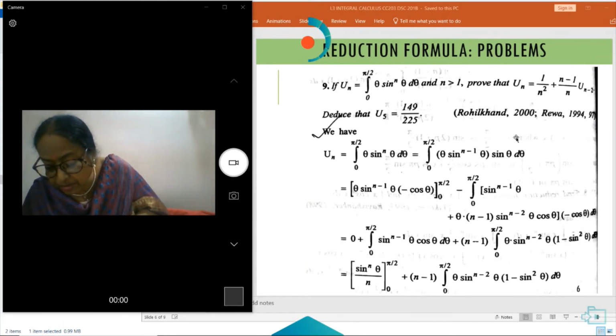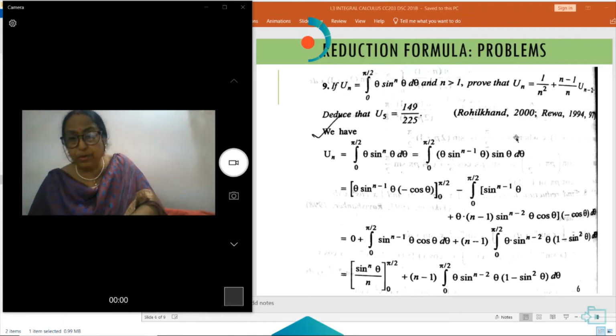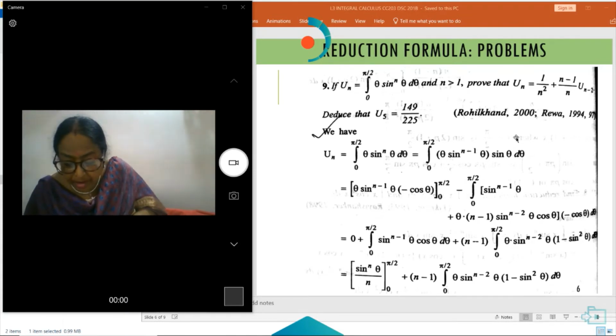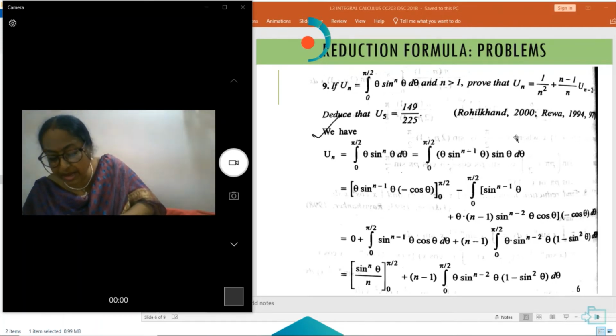Un is equal to integration of theta sine n theta d theta, n is greater than 1, and the limit is from 0 to pi by 2. Prove that Un is given on your screen and deduce that U5 is equal to 149 by 225.